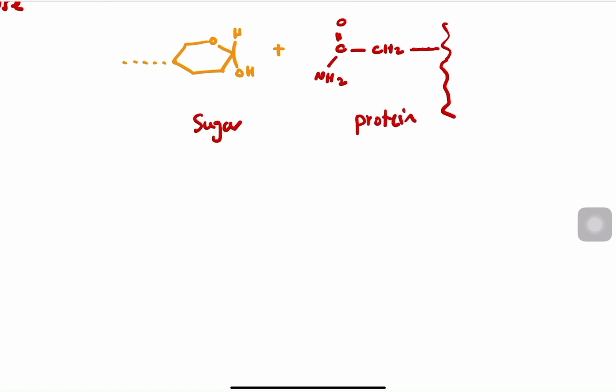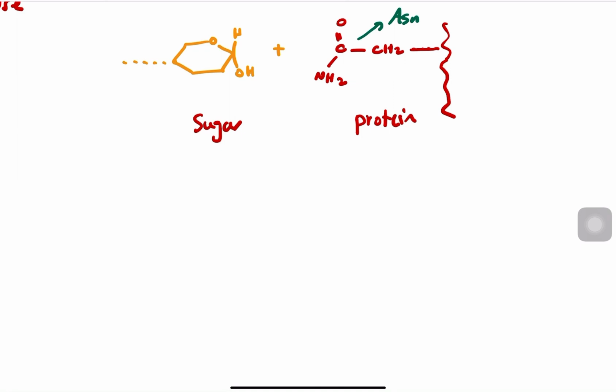But the first monosaccharide can bind, for example, to an amino acid, asparagine, which is in the protein. It is a protein molecule, and this is the sugar. And the starting material is asparagine, ASN.